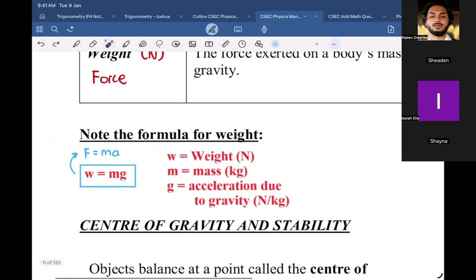So you all could copy this down. You need to know the formula for weight. As soon as you have that copied down, tell me fast.